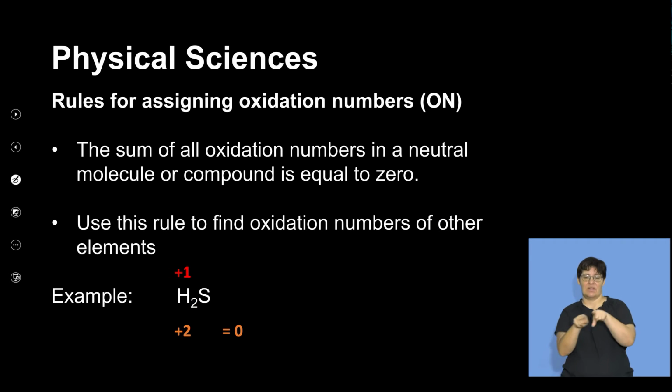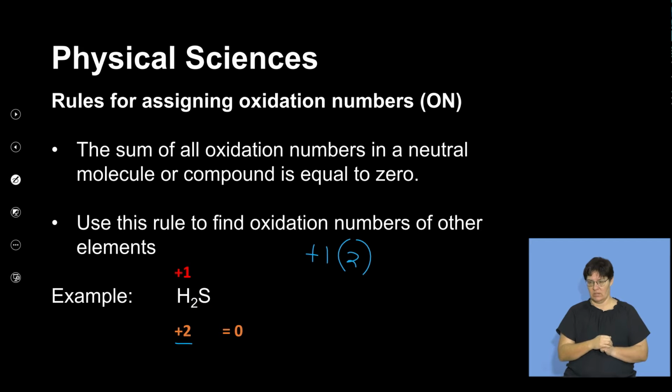Right, okay, and then this rule is used to find the oxidation numbers of other elements. In this case, we can try and find the oxidation number of sulfur in this hydrogen sulfide. So for hydrogen, it's +1, but how many of them are there? It's 2, okay, which gives us a total of +2. The sum is equal to 0 because this is a compound, right?